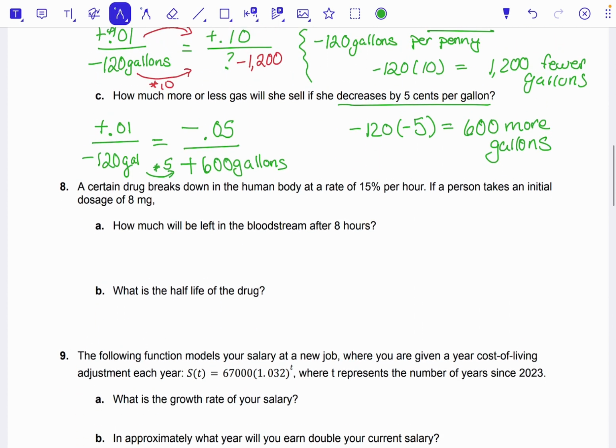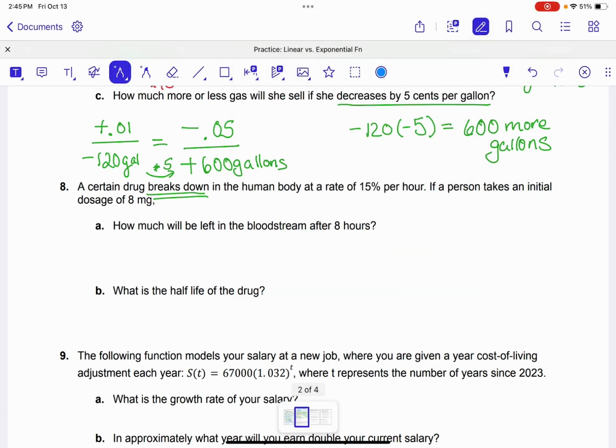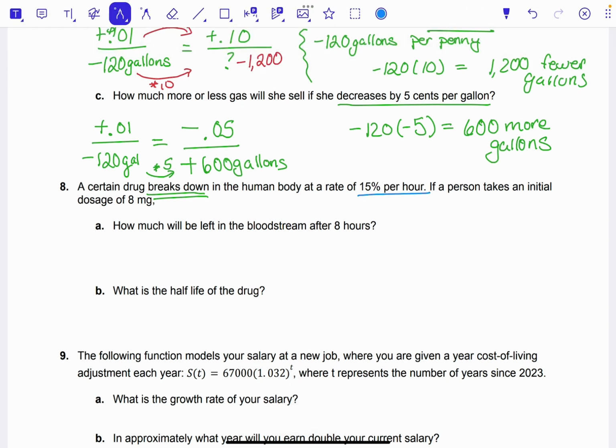All right, back into exponential. So we have a certain drug that breaks down in the human body at a rate of 15% per hour. If the initial dosage was 8 milligrams, how much would be left in the bloodstream after 8 hours, and what's the half-life?